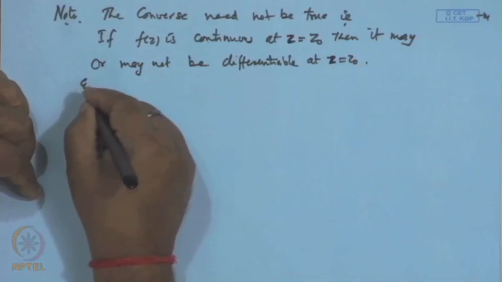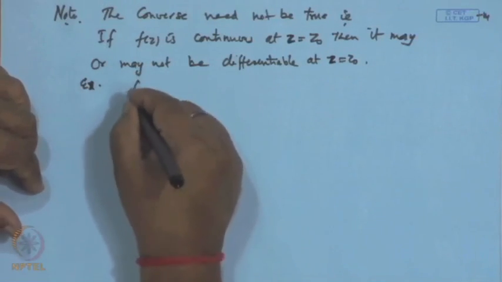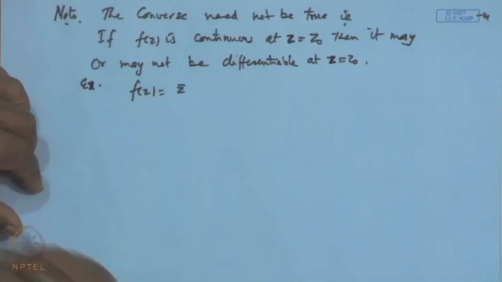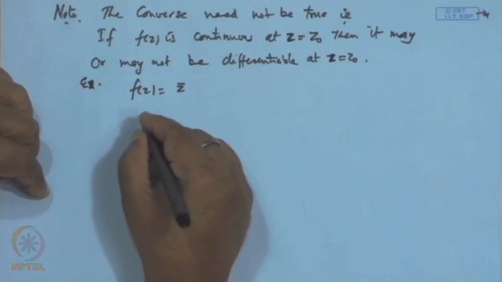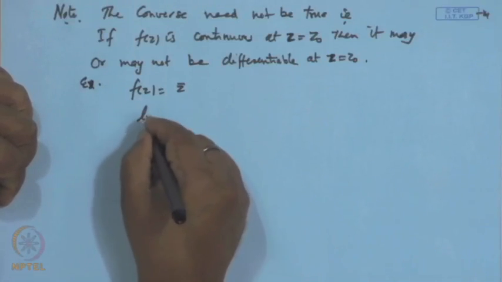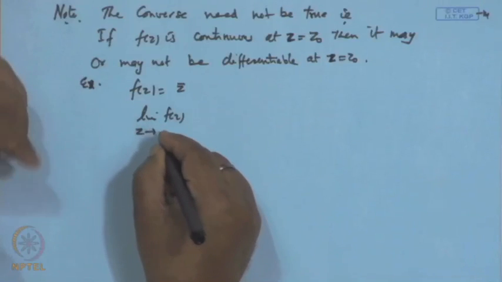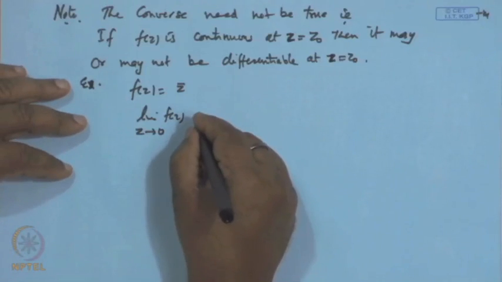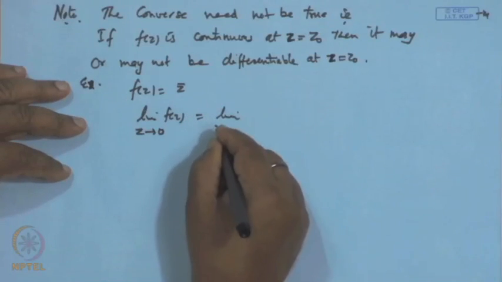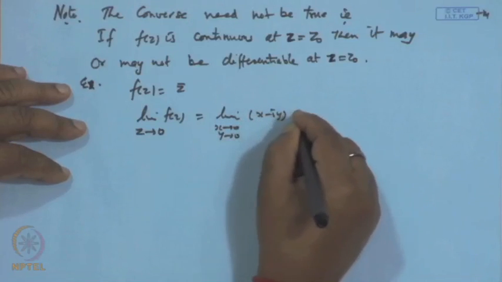For example, if we look at the function f(z) equal to z bar, then the limit of this function f(z) when z tends to 0, what is this limit? As x tends to 0, y tends to 0, z bar means x minus i y. So it is 0.